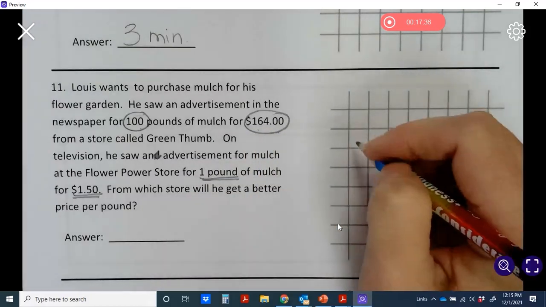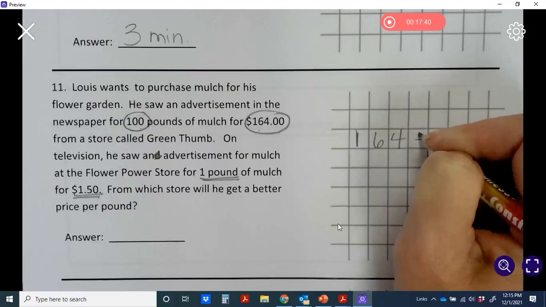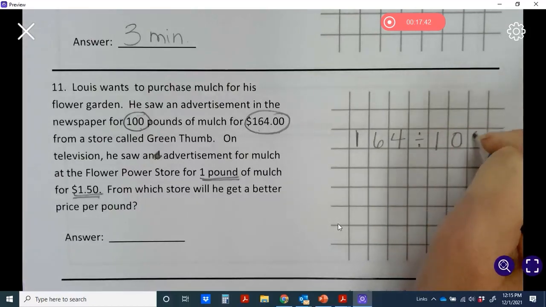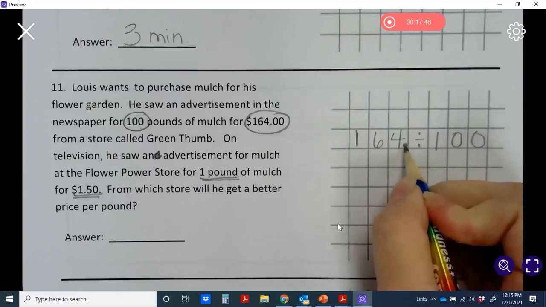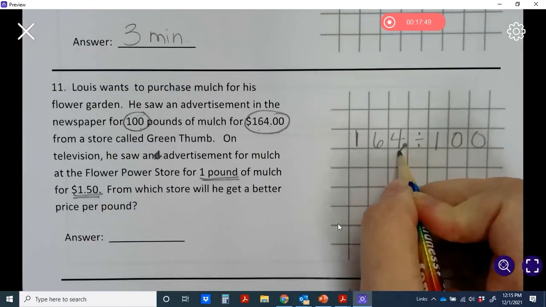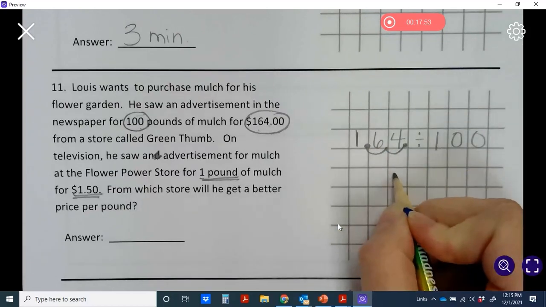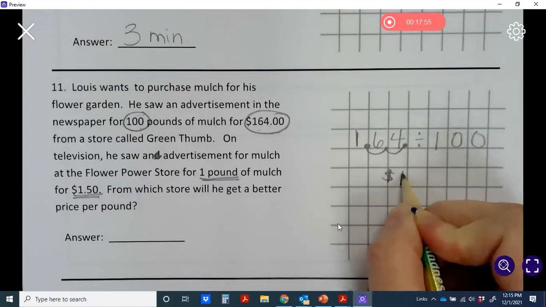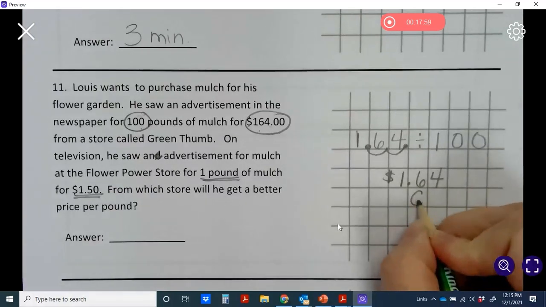So what we want to do is figure out what 1 pound of this would be. So we're going to do 164 divided by 100. Now, with the whole number, the decimal point is here, we're going to divide by 100, which means we're going to move the decimal point over 2 spaces to the left. So this means that this would be $1.64 for mulch from Green Thumb.